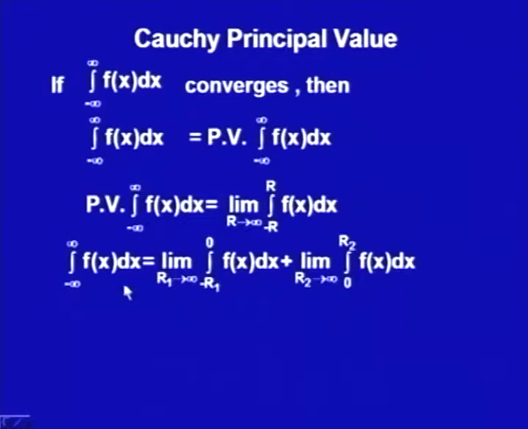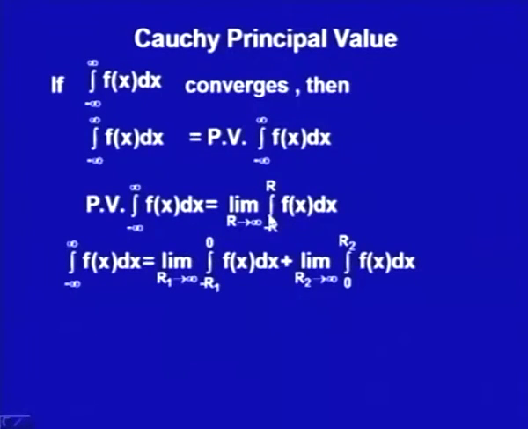If this integral converges, that means both these limits exist, then the sum of these limits is actually this particular limit, the limit as r approaches infinity of the integral from minus r to plus r of f(x) dx. Now, for one example, let us take simply the function f(x) equal to x.